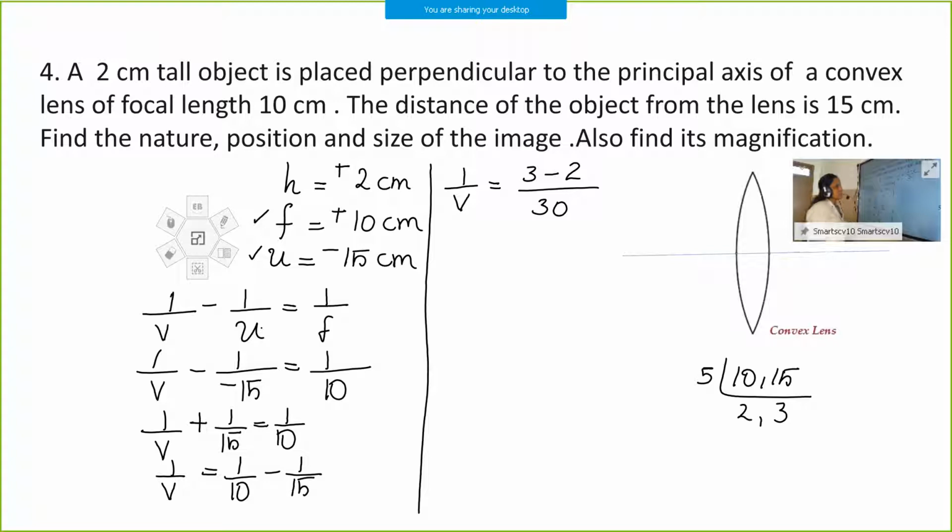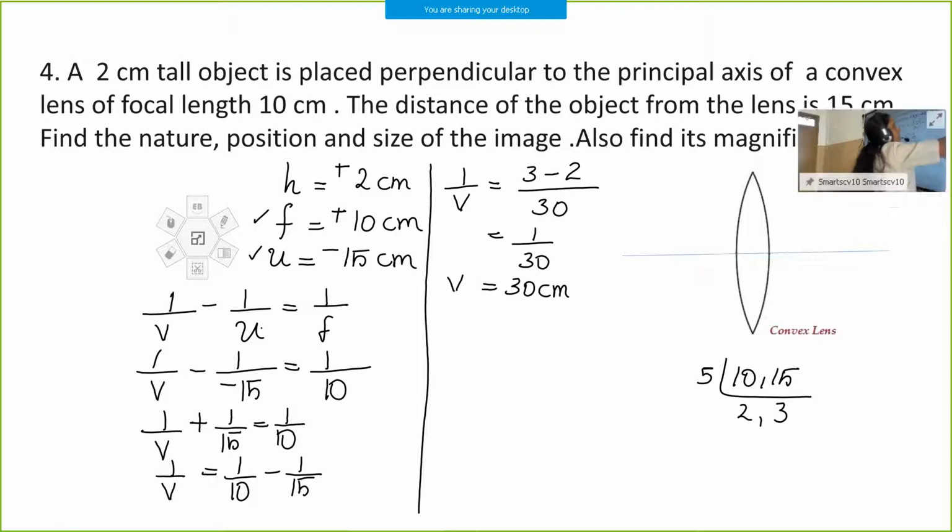So it is equal to 3 minus 2, it is 1, 1 by 30. So 1 by v is 1 by 30. So what is v? v is equal to 30 centimeter. So what you can say about the position of the image?